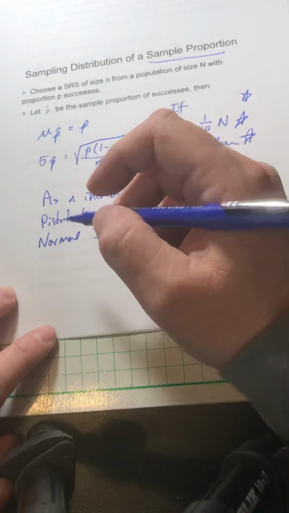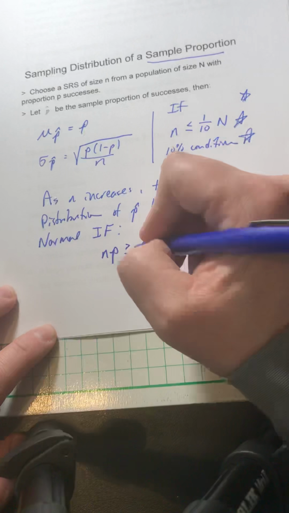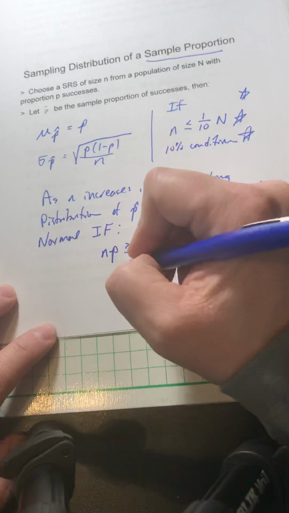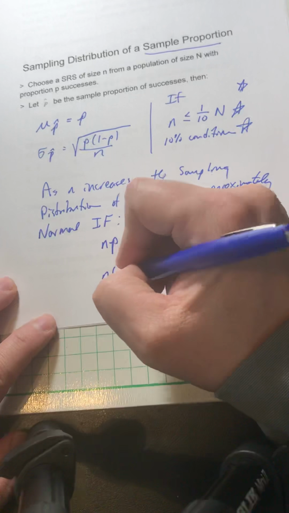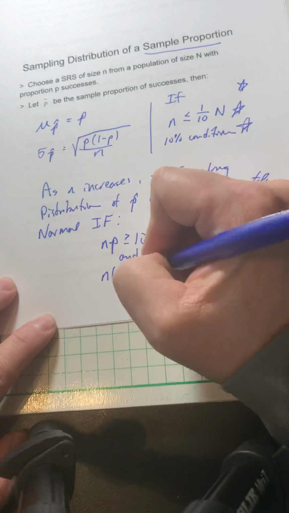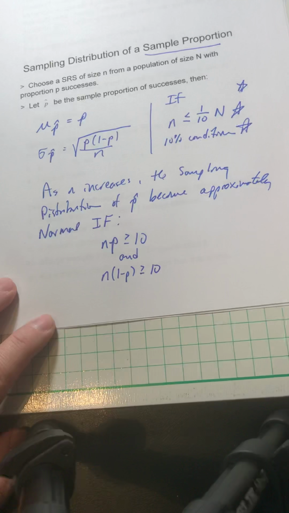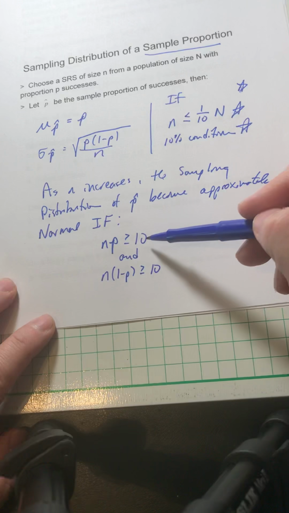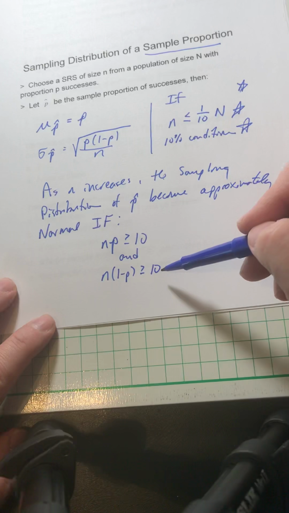Those conditions are n times p is greater than 10 and n times 1 minus p is greater than 10. In other words, the total number of successes in the sample is greater than 10, and the total number of failures is greater than 10.